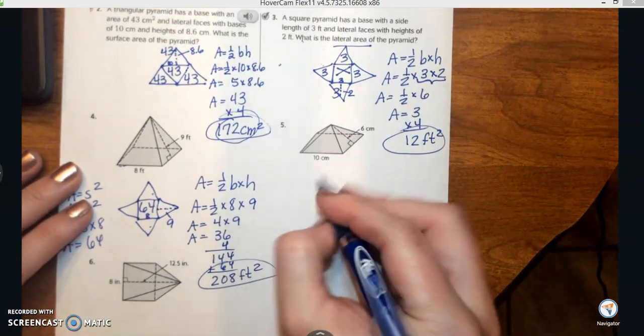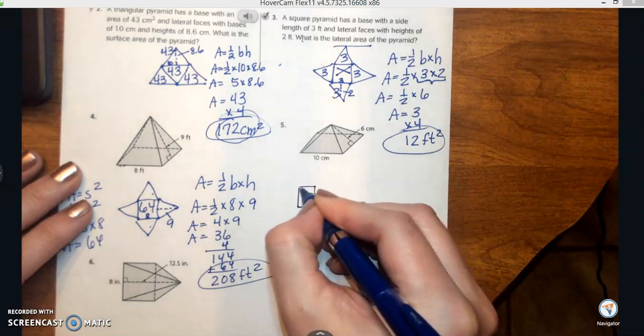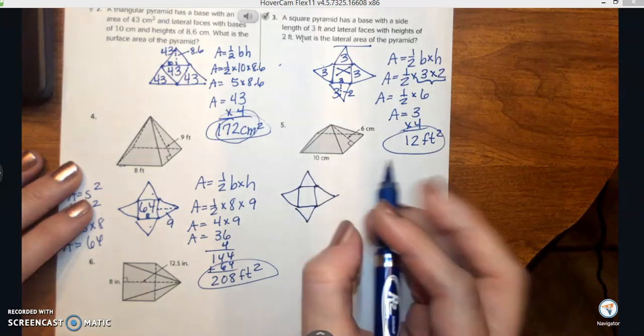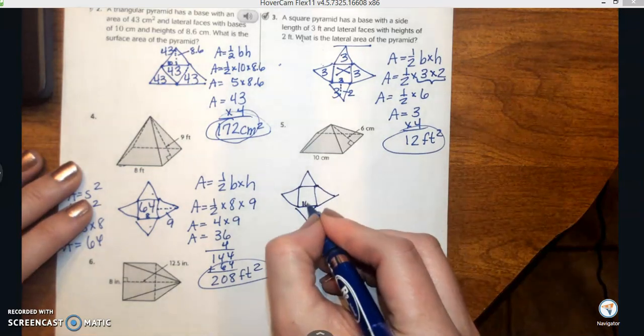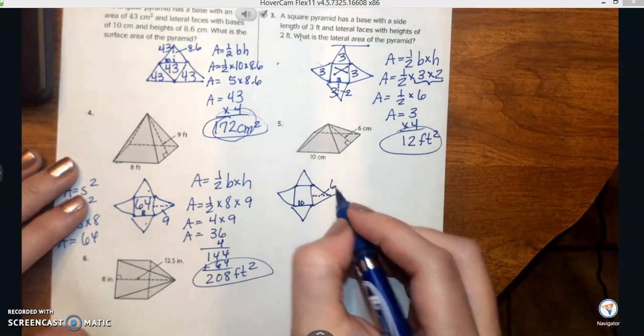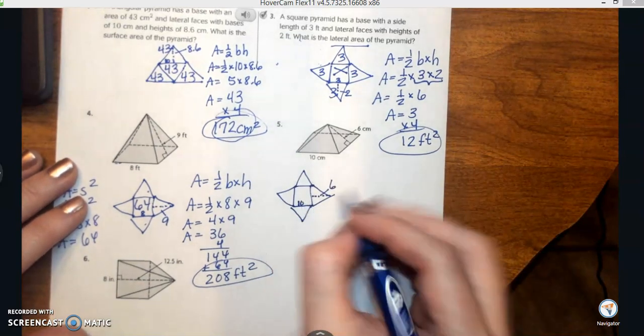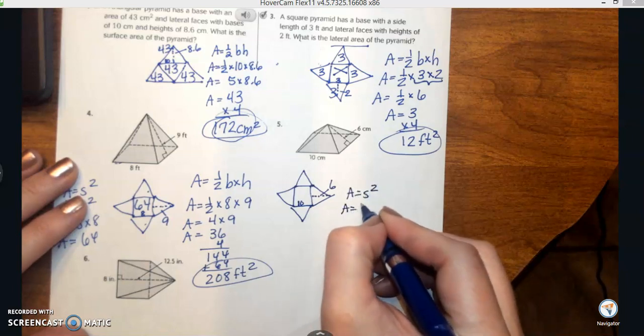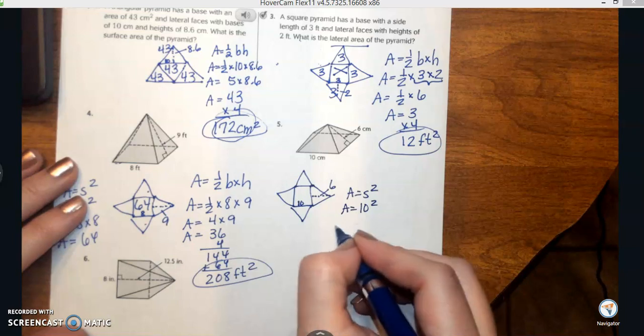Number 5. There's my net. Here's my base. Here's my height. So I'm going to start with the center. So area equals s squared. So I'm saying area equals 10 squared.